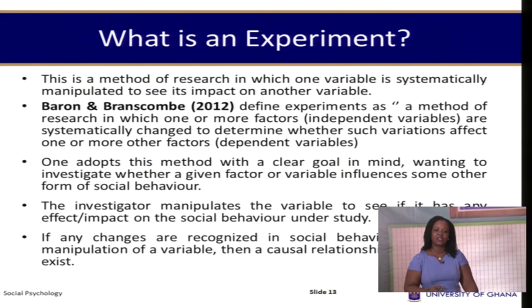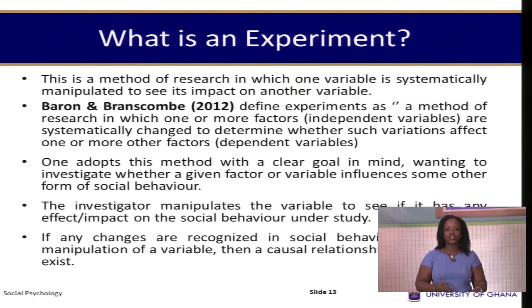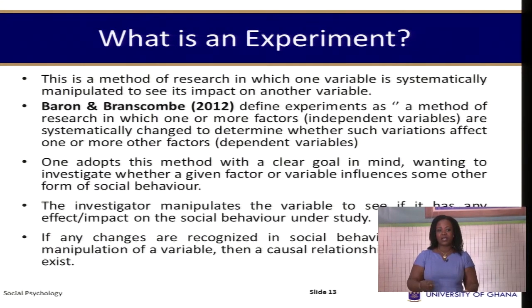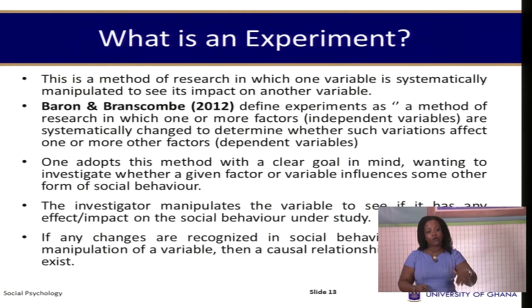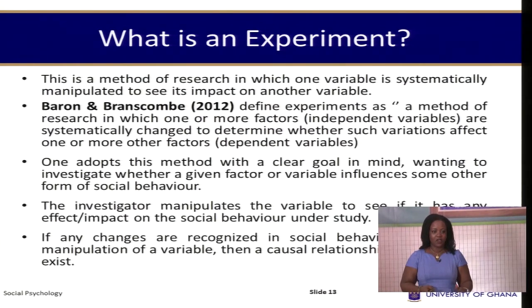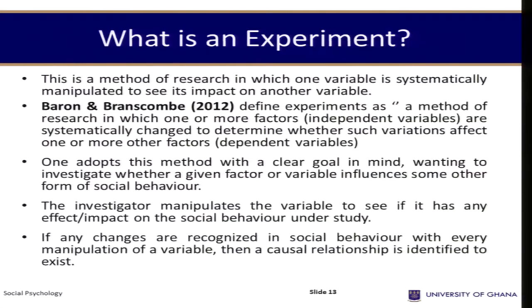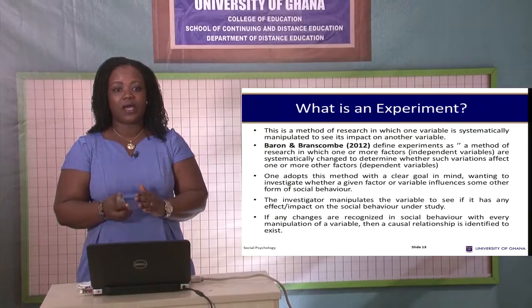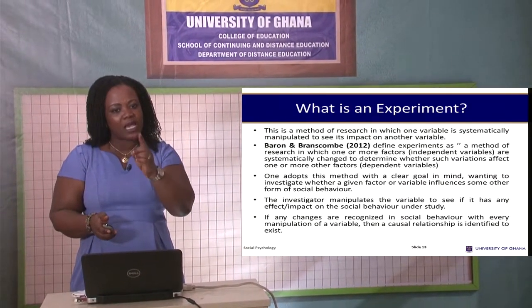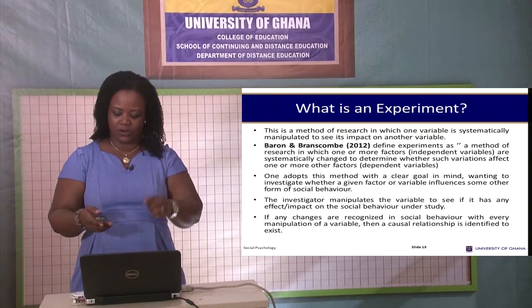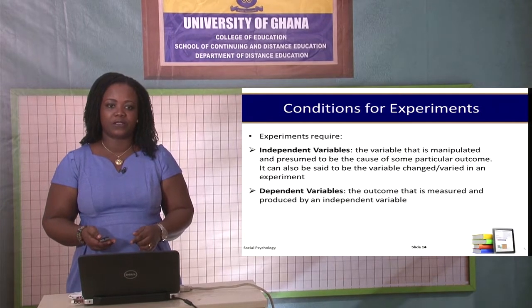So we say it is a method of research in which one or more variables are systematically altered or changed. Altered or changed meaning manipulating it to see if it will generate an effect in another variable. So basically with this kind of method, we have a clear goal in mind, right? And we want to be able to determine cause and effect. That is why we manipulate.